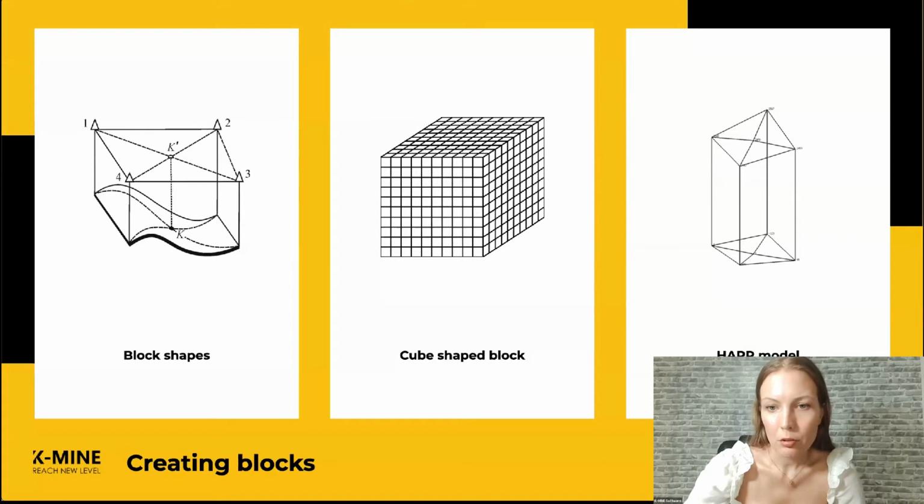And comparing to the HARP model from Vulcan, the block also has 10 points and center point. And this type of 11 vertex block helps visualize seam morphology with high precision.